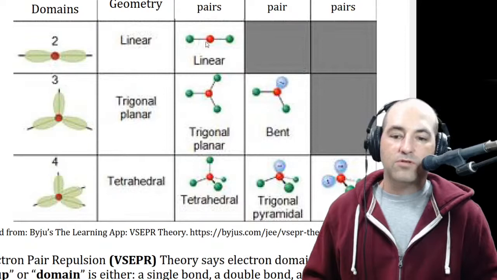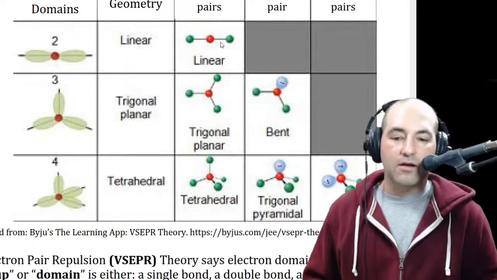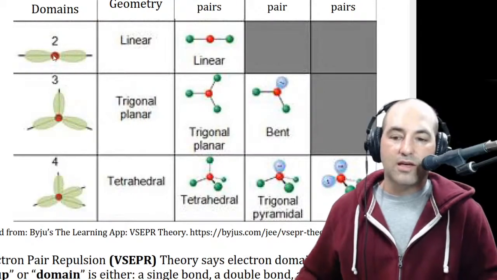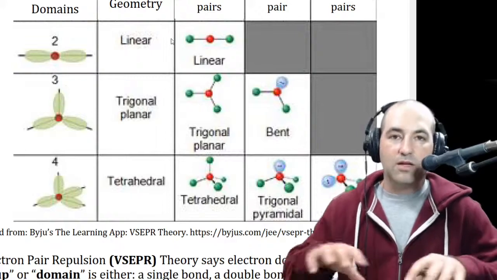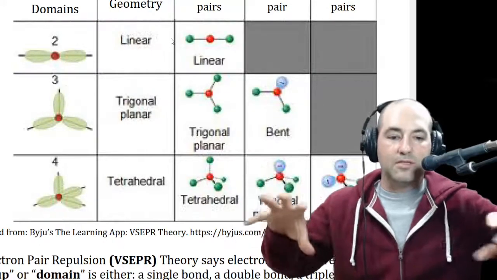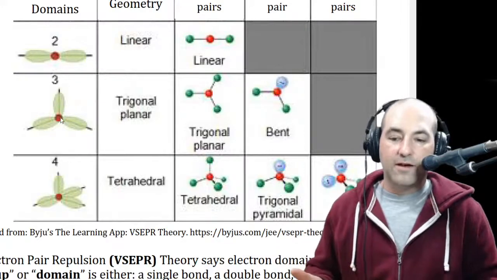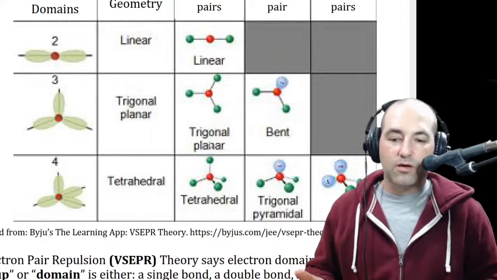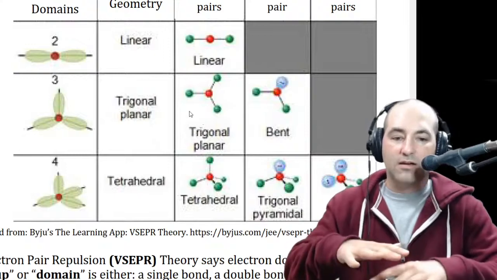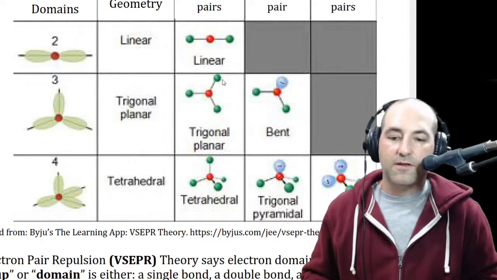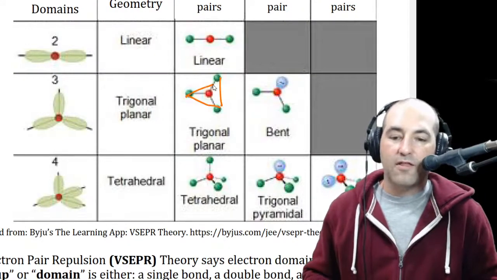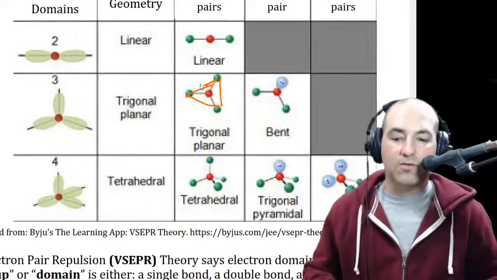So if you only have 2 things connected to an atom, then you're going to get a linear orientation, meaning that those 2 things are going to be opposite, as far away from each other as they can. If we have 3 things, then we have what we call trigonal planar. So a flat species where the 3 things are at the corners of a triangle, that's the farthest they can get away from each other.